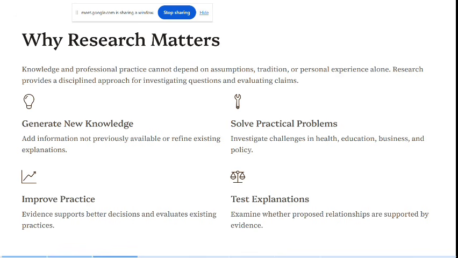So we will evaluate, we will investigate, then we come up with findings. We cannot rely only on personal experience, traditions or assumptions. These are the points we need to consider all the time. Generating new knowledge is necessary for your research study, so your study should add new information to the literature.